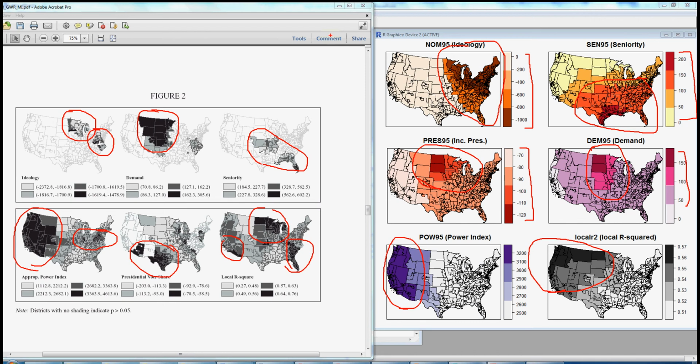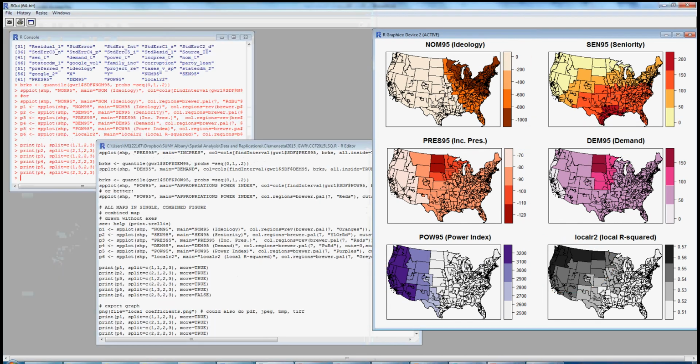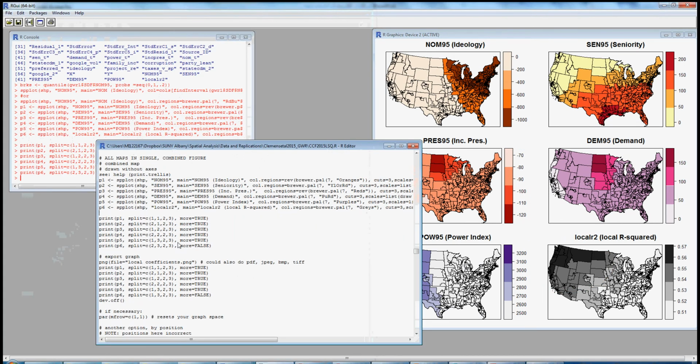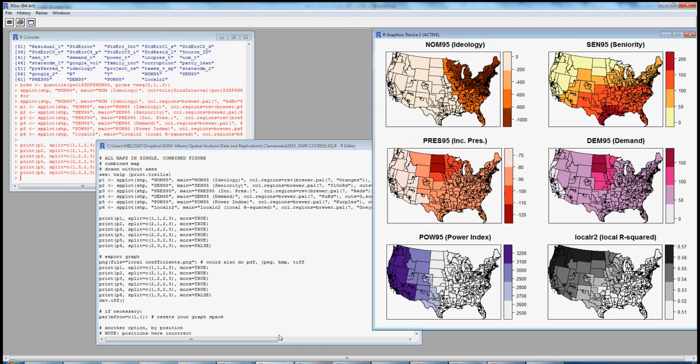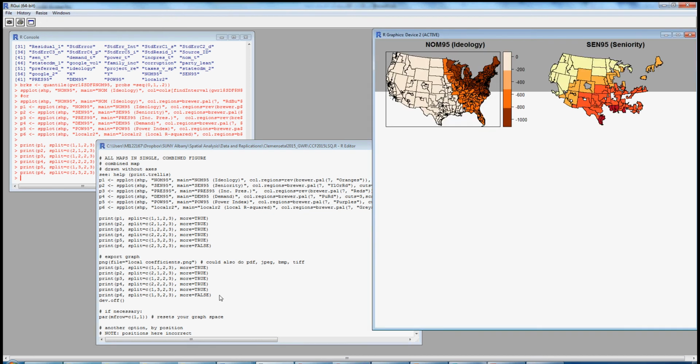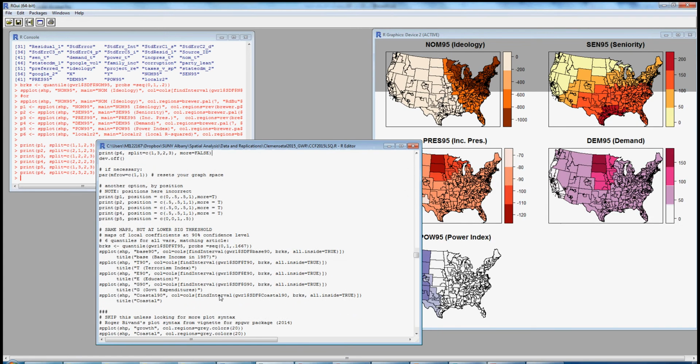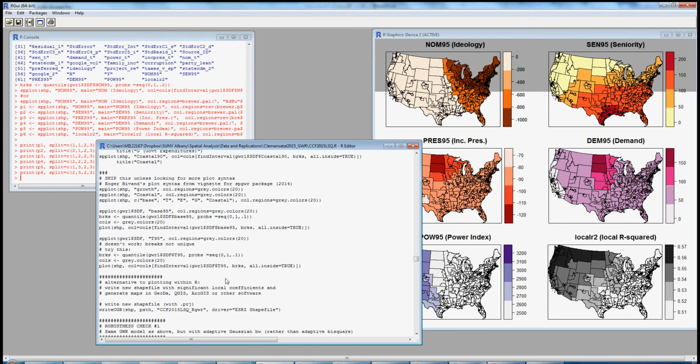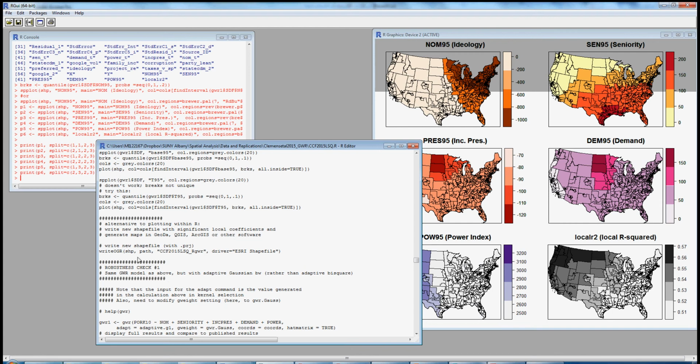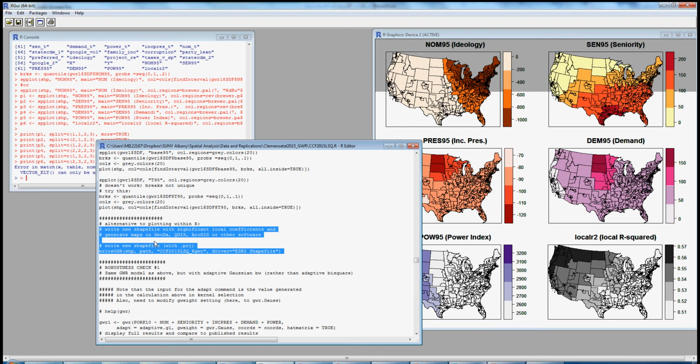So, looking back at the R code, that's how we would generate a plot or a combination graph that roughly matches figure 2 in the original publication. And what you might want to do at this point is to write out the shapefile, and you could then generate the same maps in another software environment like GeoDa, QGIS, or ArcGIS.